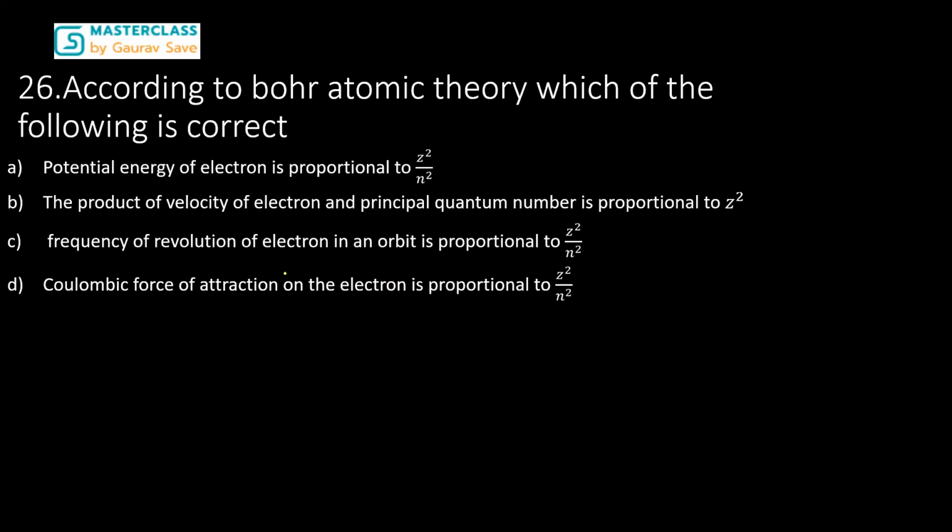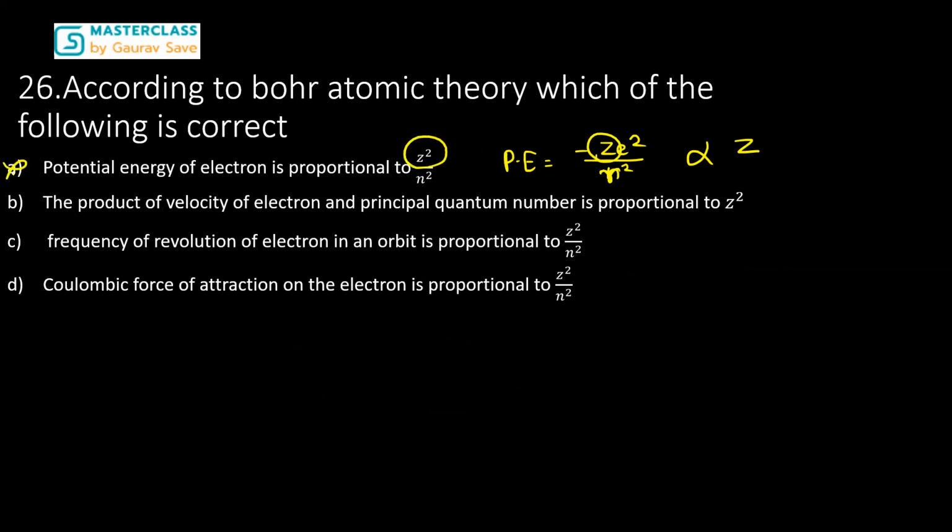Next, according to Bohr's atomic theory, which of the following is incorrect? Potential energy of electron is proportional to z square upon n square. No guys, this is wrong. Potential energy is minus z e square upon r, so it is directly proportional to z, and they have written z square.